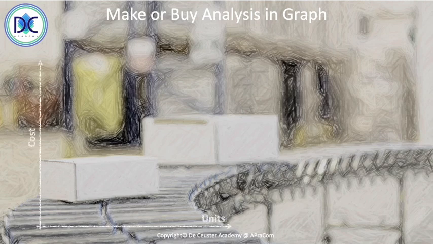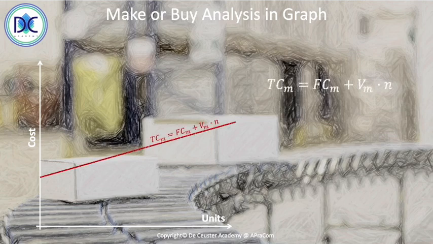Like before, we have on the x-axis the number of units we are producing, and on the y-axis we only have costs because we're only dealing with costs. The first equation, we have the total cost for manufacturing or making, which is the totality that we pay for making the objects or the services ourselves, and we find the red line.